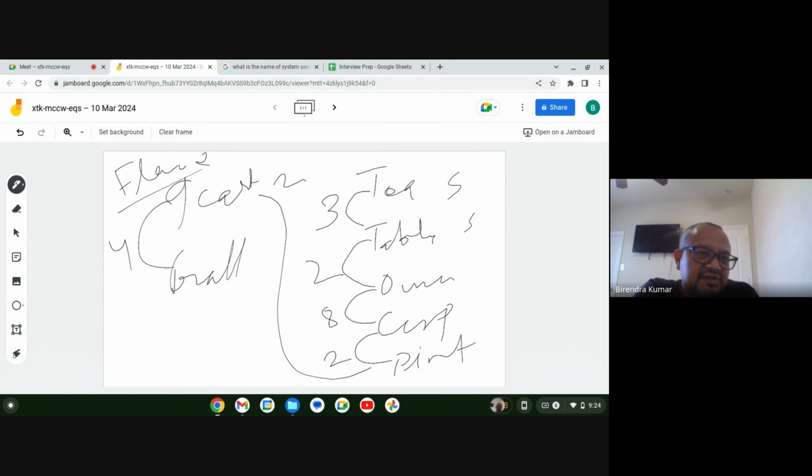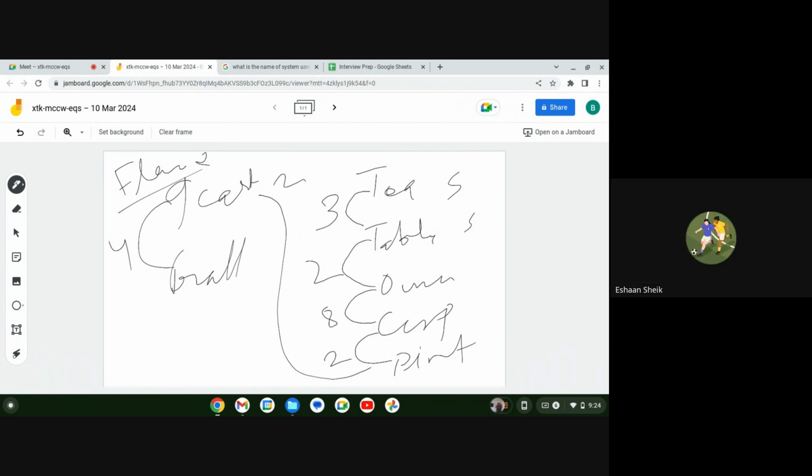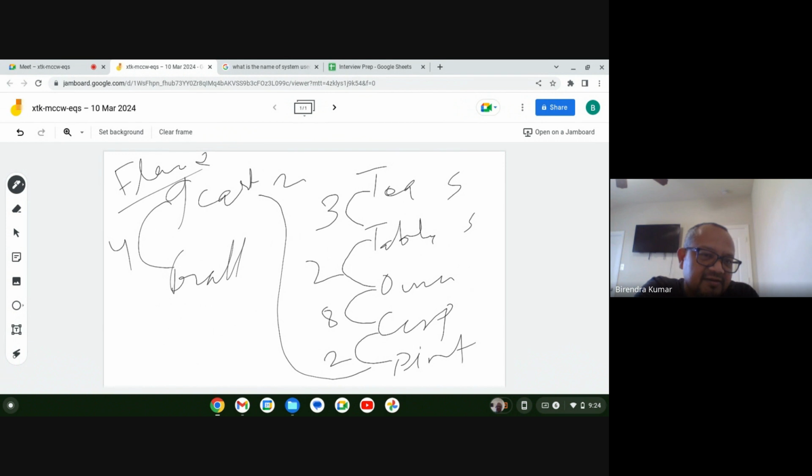For distance we use inches, feet, yard, and mile, and we saw the conversion for that. Then we looked at the weight side of it: ounce, pound, and tons.